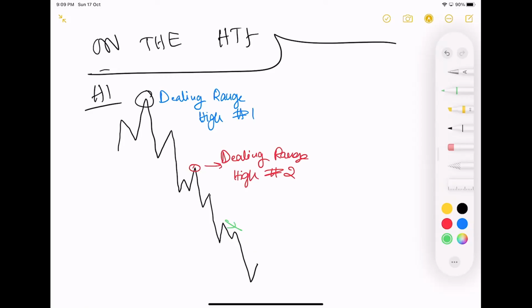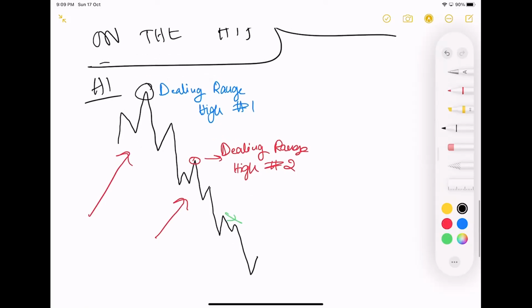Now you have dealing range high number 1, dealing range high number 2. So when you look at the higher time frame, obviously you're going to think to yourself, okay, am I going to be using this one or am I going to be using this one? No, when you have this confusion, you then switch to the higher one, H4. Here, H4, and the H4 is going to show you that this bigger one, dealing range number 1, is your actual dealing range high.